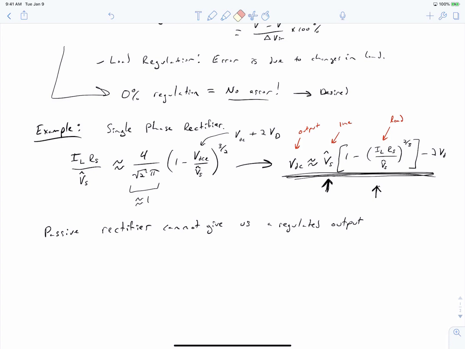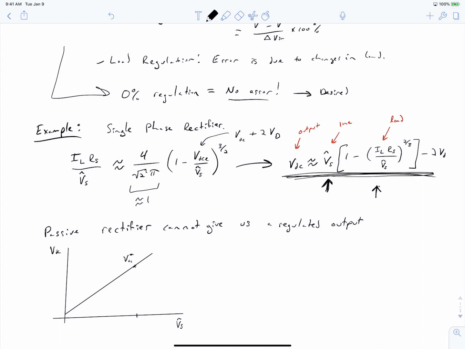So we can take these quantities and we can actually make a graph. We can make a plot of VDC as a function of our line voltage, Vs hat. And it's going to look something approximately like this, where perhaps at this point right here, we have our VDC star that we desire, which corresponds to one value of our input voltage.